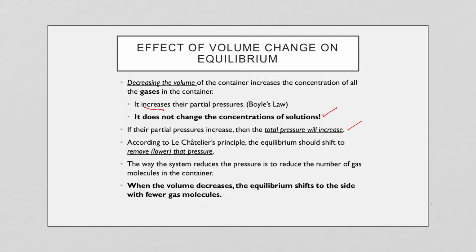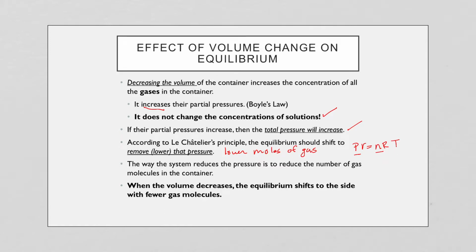In other words, we're going to try to lower the moles of gas, because according to PV equals nRT, if I lower n, that should have a direct effect on P. Less moles of gas, less pressure.